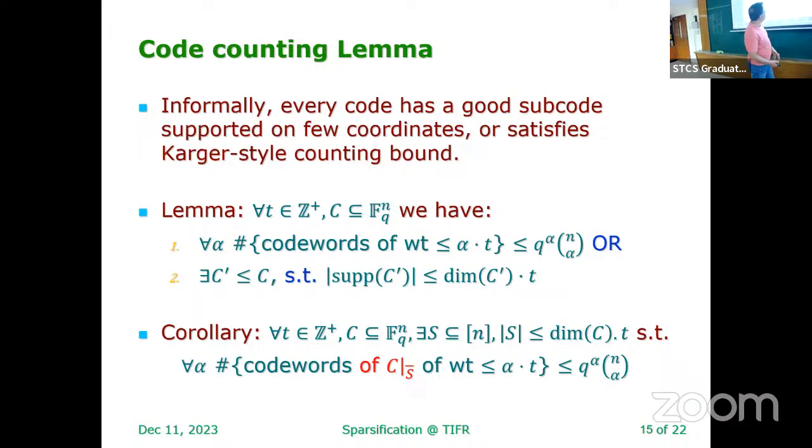So not too many coordinates. I'm not being too wasteful. It's proportional to the dimension of the code that I'm sparsifying. This is the number of rows that I can afford to throw away or sample, such that once I remove those things, I have a cut counting bound. All right, so this is the code counting bound that we have.